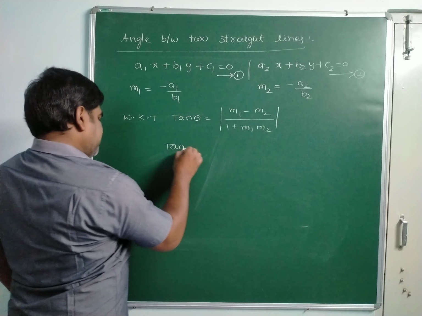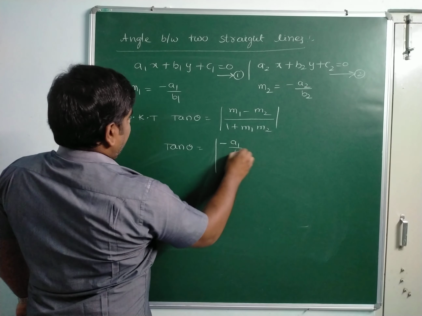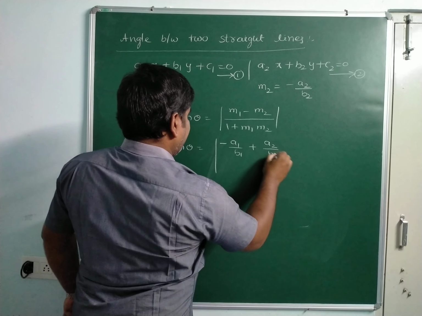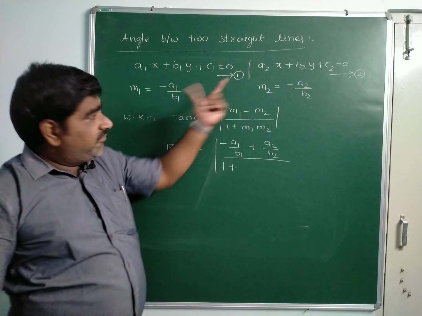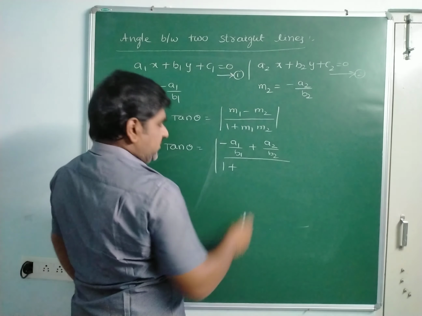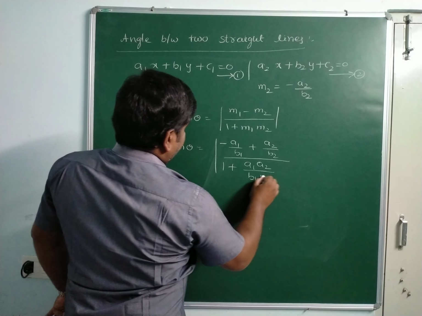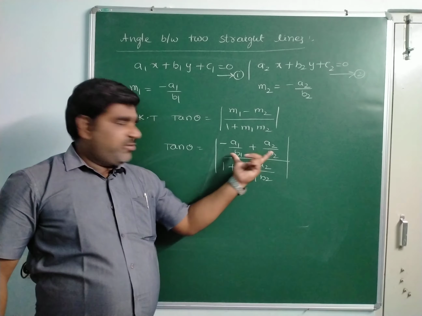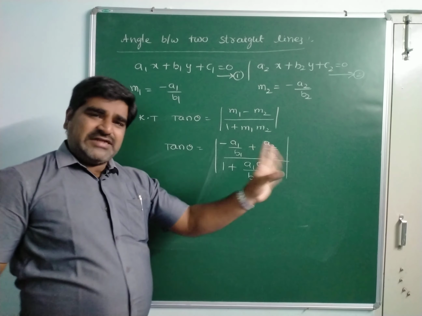So tan theta equals modulus of: m1 is minus a1 by b1, m2 is minus a2 by b2, so it is minus a1 by b1 plus a2 by b2, by 1 plus (minus a1 by b1)(minus a2 by b2). If you multiply both, minus into minus becomes plus, a1 a2 whole by b1 b2. What is the LCM in the numerator? b1 b2. What is the LCM in the denominator? b1 b2. The LCM gets cancelled.